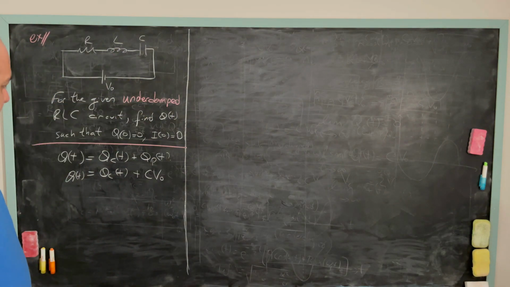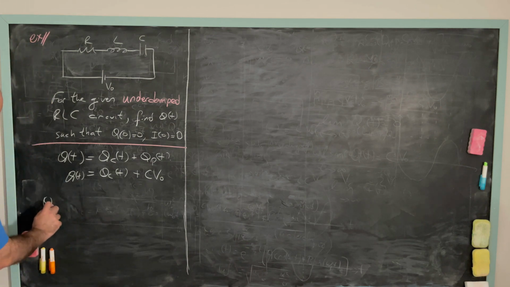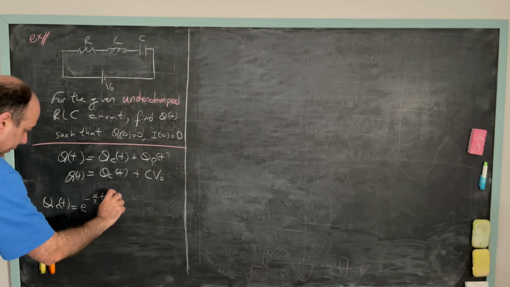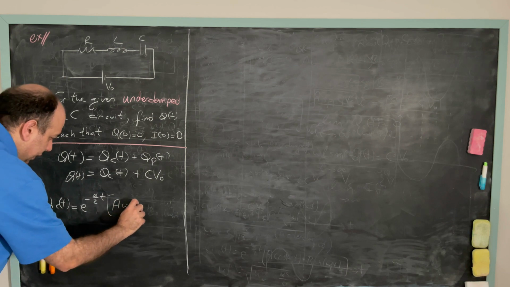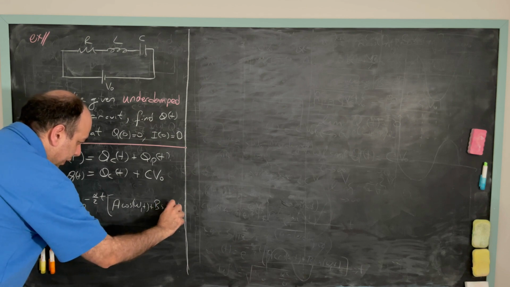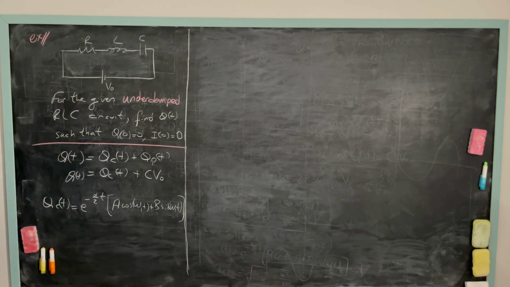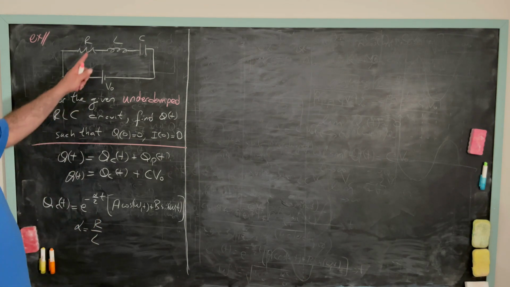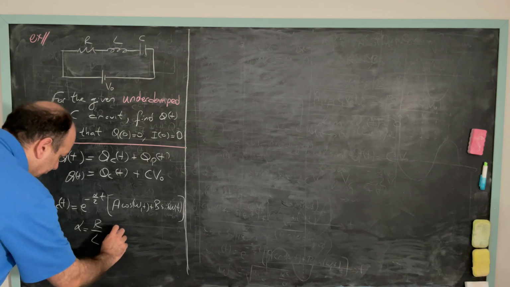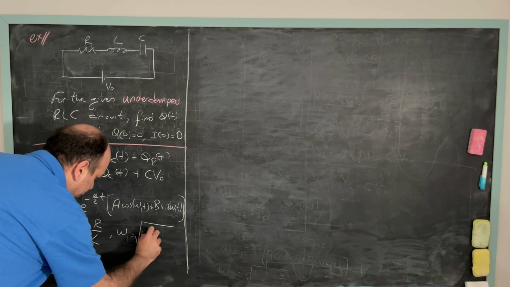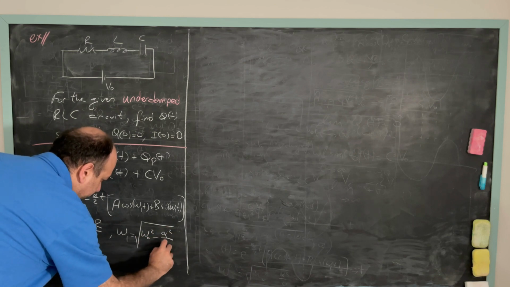Since this is an underdamped system, Q of c is simply equal to e to the minus alpha over 2t times A cosine omega 1t plus B sine omega 1t. Alpha is defined as R over L. This is the damping factor, and omega 1 was the square root of omega naught squared minus alpha squared over 4.